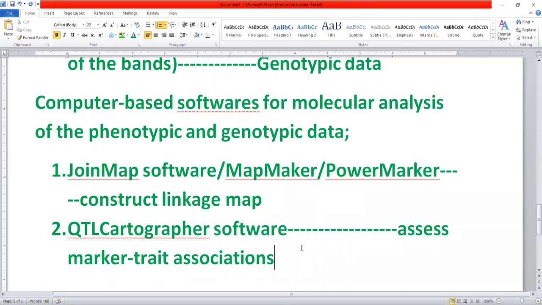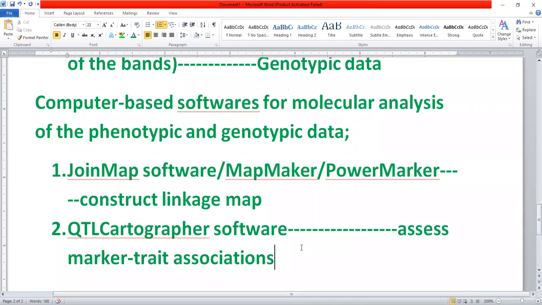These are DNA sequences which are widely distributed in the genome of the organism. In the genome of every organism, there are certain repeats which are present throughout the genome. These are known as simple sequence repeats.